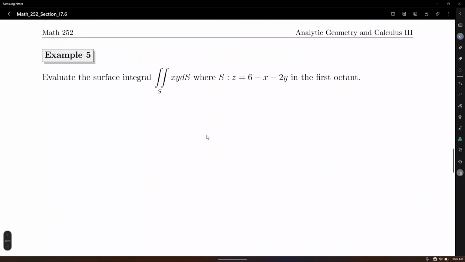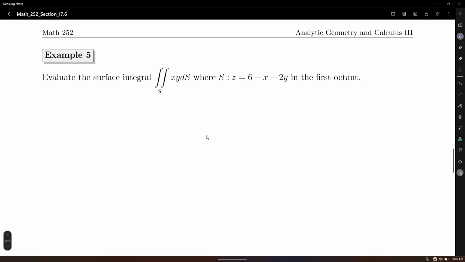Throughout the study of double and triple integrals in this class, regardless of whether you have one surface, two surfaces, even 17 surfaces at the same time, what do you do? Put all the equations together to see what the projection onto the xy plane is.